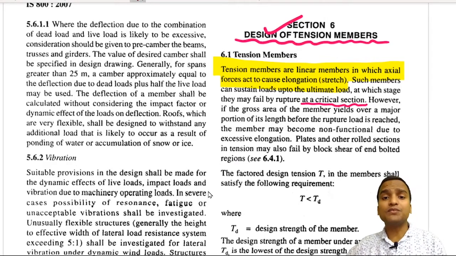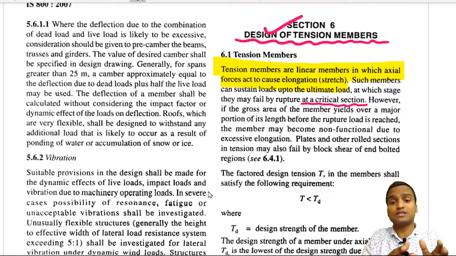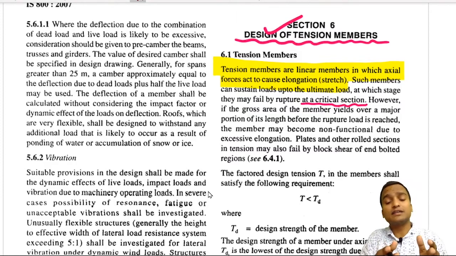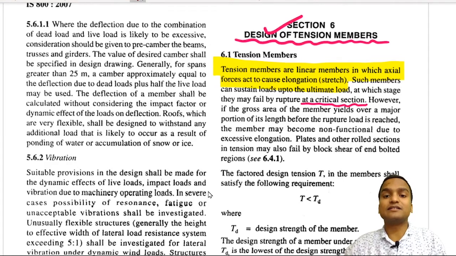However, if the gross area of the member yields, so gross area is Ag, and Ag may yield over a major portion of its length, because there is a portion which is without holes, and if we increase the load, that length may also yield. Yielding of that portion is also considered a failure of the joint, and the member may become non-functional due to excessive elongation.